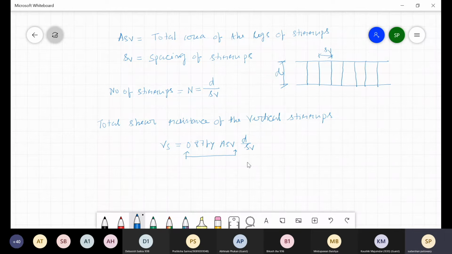Then multiply by the number of stirrups, d by SV, and you get the total shear resistance of all these vertical stirrups.